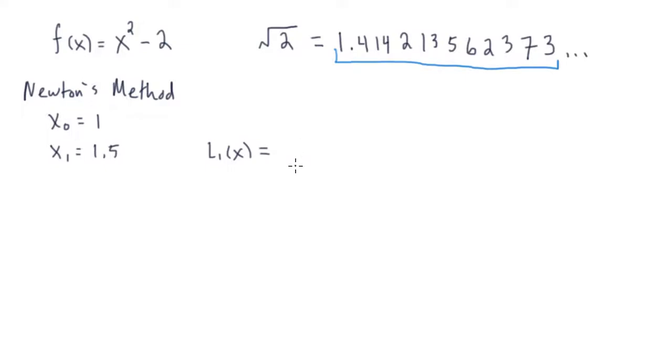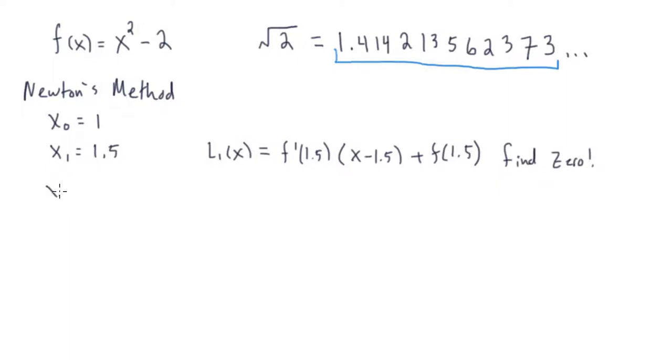It's just f prime of 1.5 times (x minus 1.5) plus f of 1.5. Maybe I'll write that down: f prime of 1.5 times (x minus 1.5) plus f of 1.5. All of this is super easy to do. And then we find the 0.